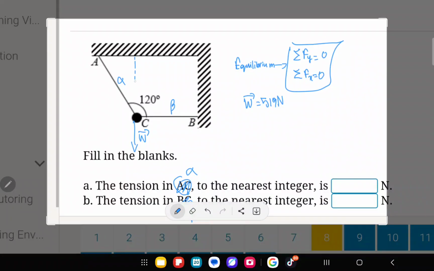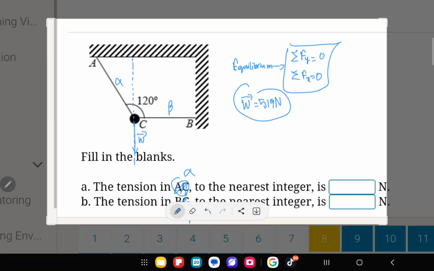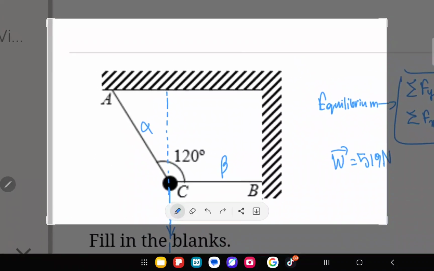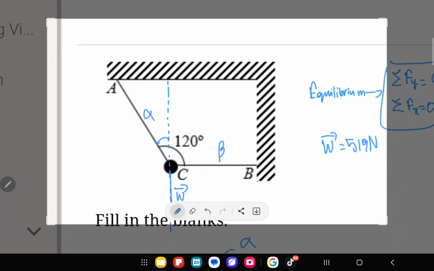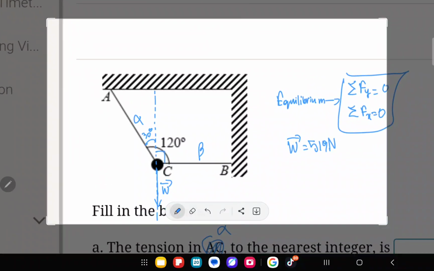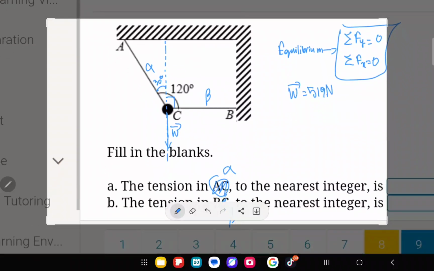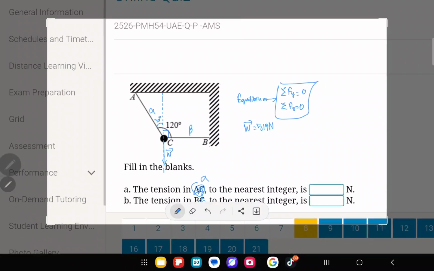Let's first draw a y-axis for ourselves. And then we have a force, which is weight. This weight is 519 newtons. And over here alpha, this angle measure, if over here is 90, that means over here is 30 degrees. So what are the only components we have? We only have one y component.